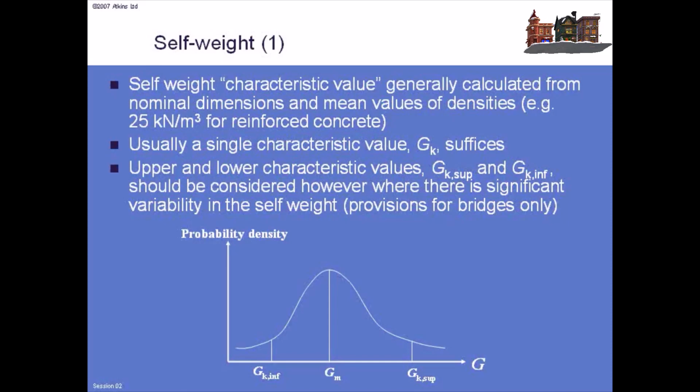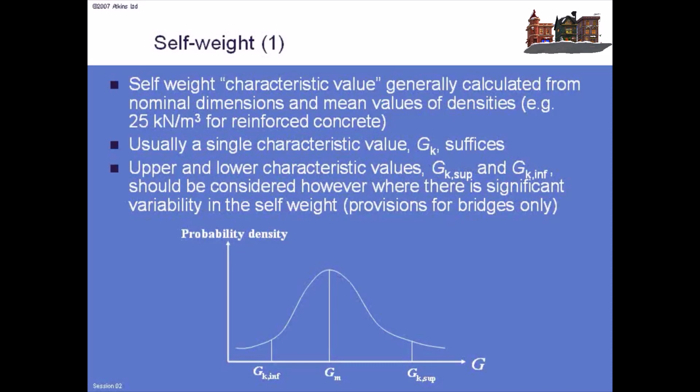Where a loading has very, very marked variability, like surfacing, for example, you've got very little control on surfacing. Even if it goes down in the new build at the right thickness, there's a whole lifetime to consider, and it may be planed off so you've got less, it may be overlaid so you've got more.